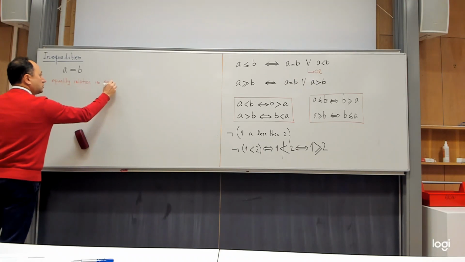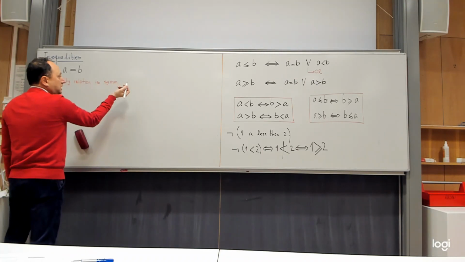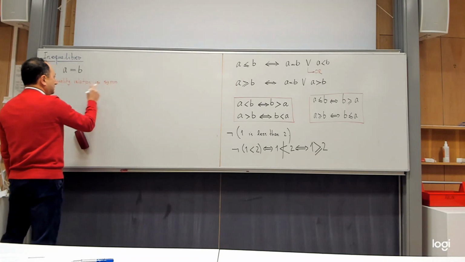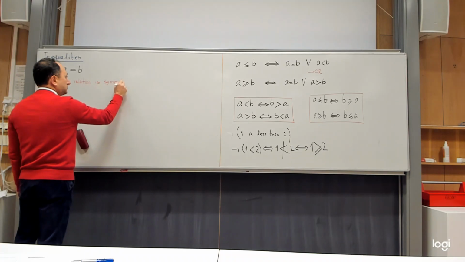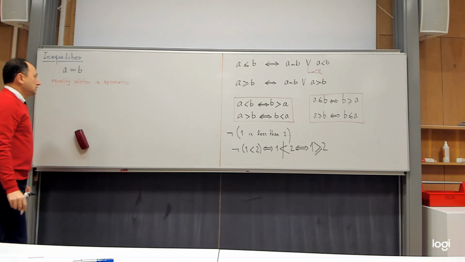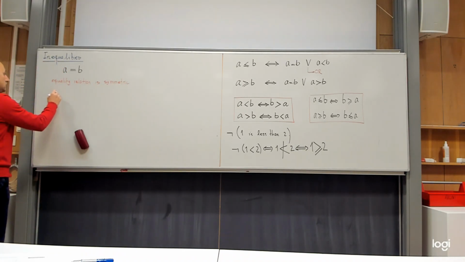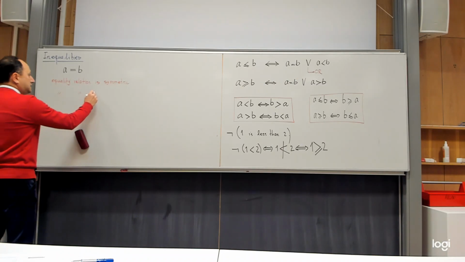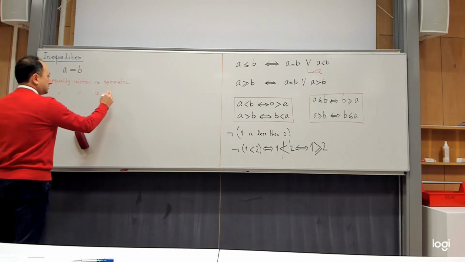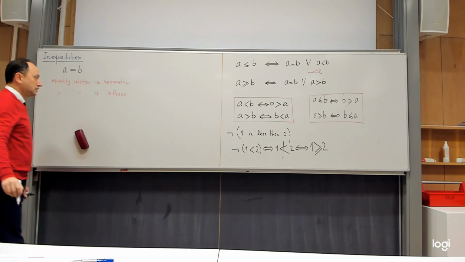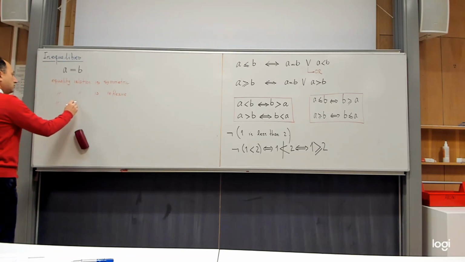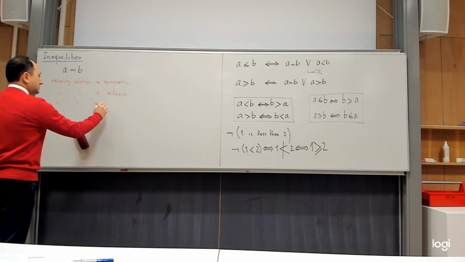These words I don't want you to learn, but I want you to hear. If you are interested, of course, you can learn, but this is not obligatory. Equality relation is symmetric. Okay, another point is that equality relation is reflexive. Okay, another one is equality relation is transitive.